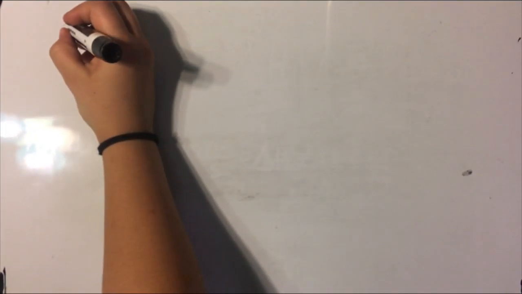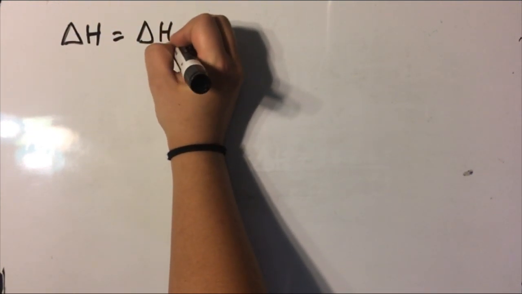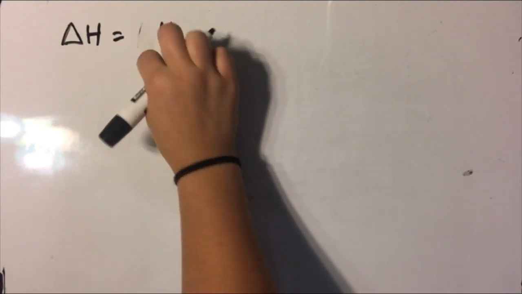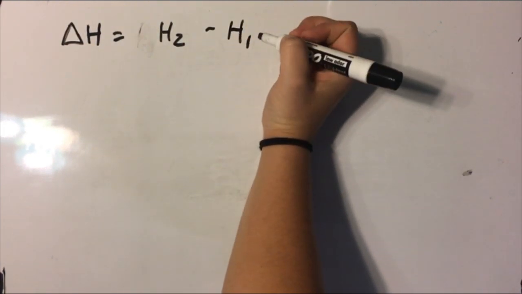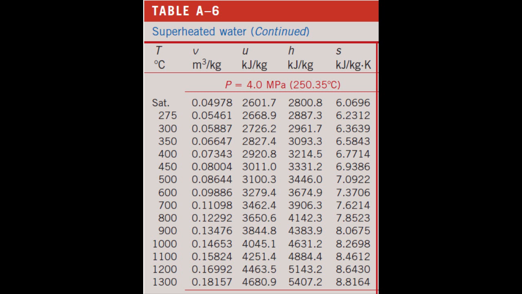So now that we have our change in enthalpy, what are we going to do with that? Well, we know that our change in enthalpy is our end enthalpy minus our beginning enthalpy, so our H2 minus our H1. So now we're going to consult a steam table to let us know what our H1 is. We know that our starting conditions are way above the boiling point of water.